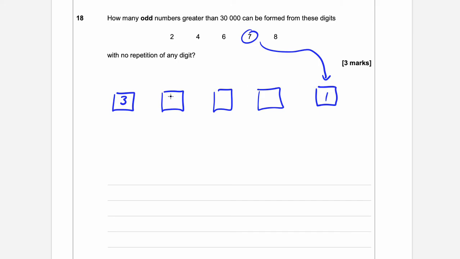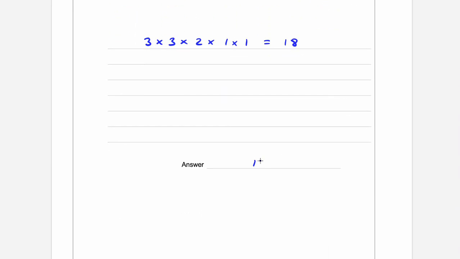So then I can put 3 into this box, I can put 2 into this box, and I can put 1 into this box. So the answer, guys, is going to be 3 times 3 times 2 times 1 times 1, which is 9 times 2, which is 18. There we go. 18 for question 18.